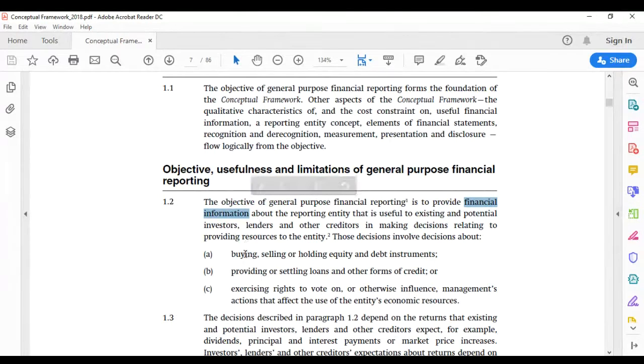So to provide financial information about the reporting entity, in other words, the company or the CC or whichever kind of business it is, or even government institution that is drawing up the financial statements, that is useful to whom? To either existing, in other words, the ones that are currently with us, or potential, existing and potential what?